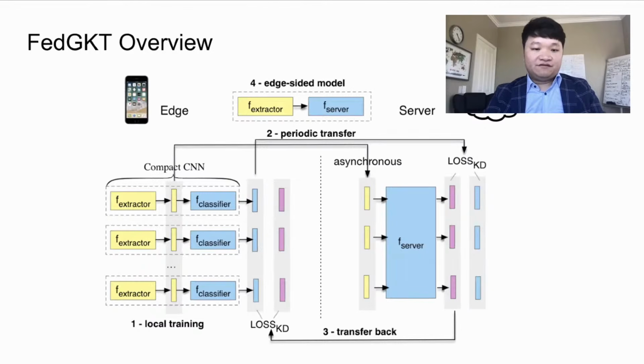To achieve this, we propose a very concrete framework to demonstrate this concept. First, we build on split learning, but we add a classifier on top of the feature extractor on the edge devices. By this way, we can train locally. The server side has a larger portion of the model, which can be accelerated using a GPU accelerator.